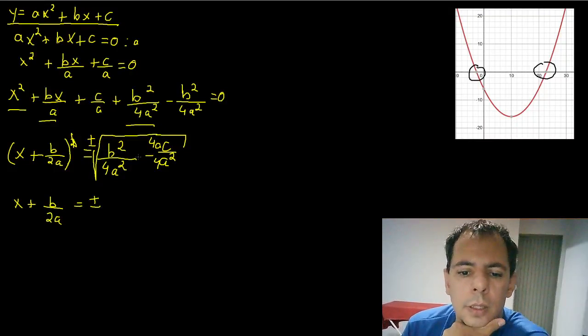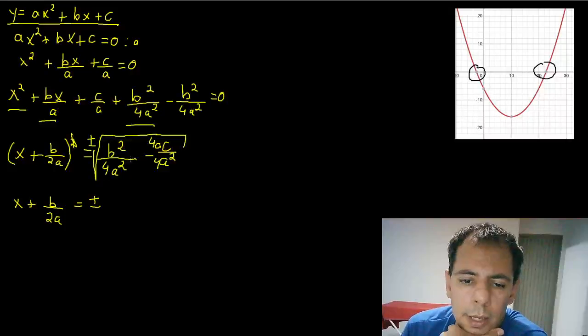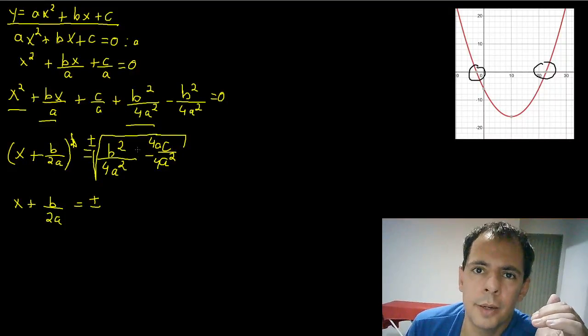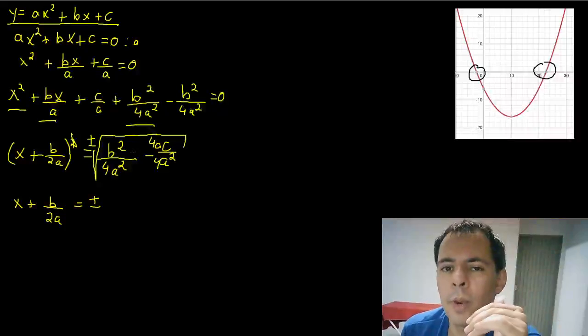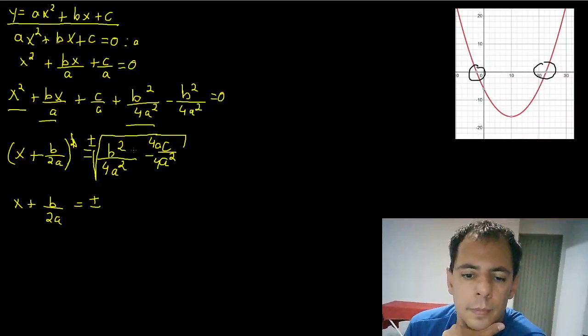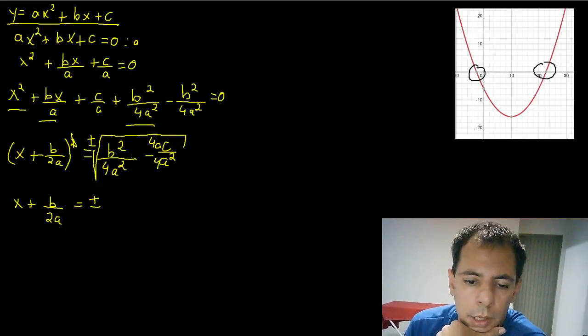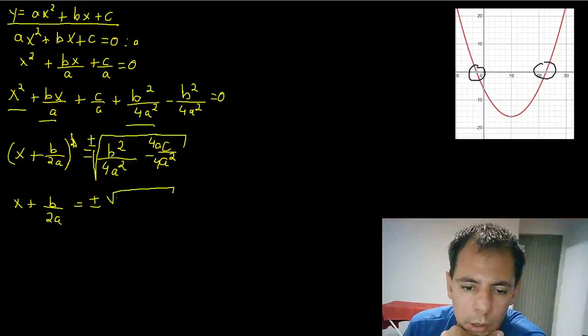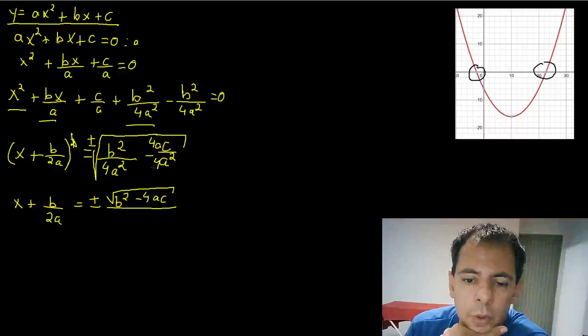When you have the square root of a fraction, you can separate the square root of the numerator from the square root of the denominator, okay? So you can take the square root of b squared minus 4ac divided by the square root of 4a squared.